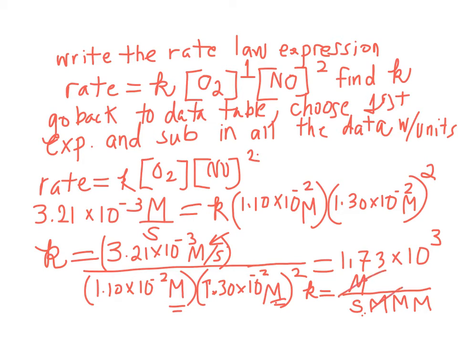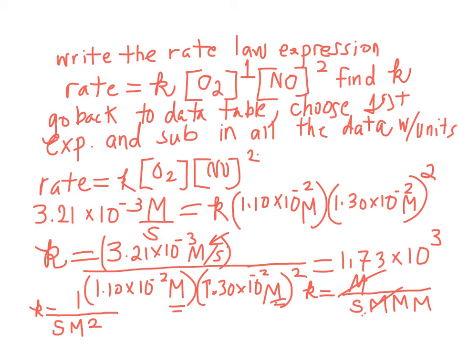And so in the end, we'll write it over in the other corner here. We have the units for the rate constant equal to 1 over, remember, because everything's on the bottom, S M squared.